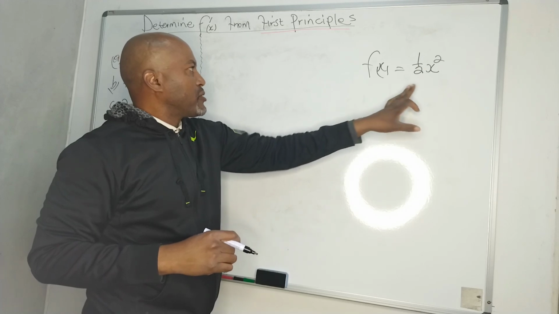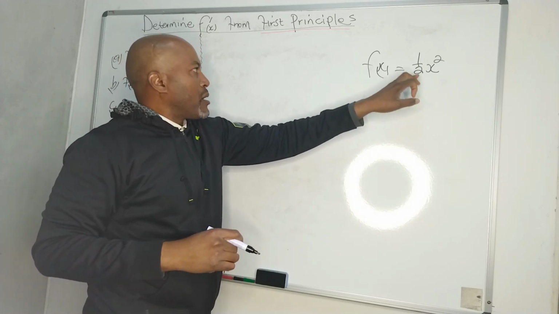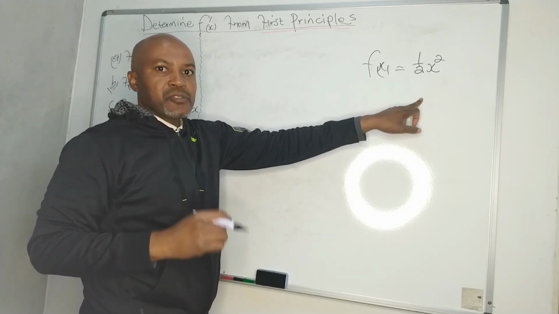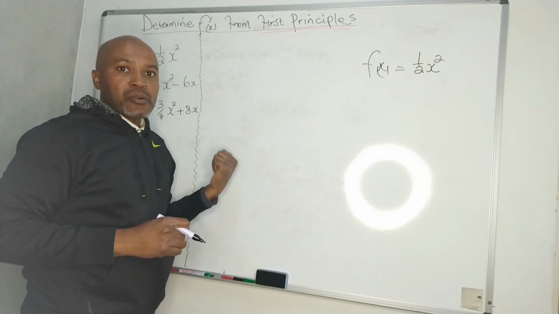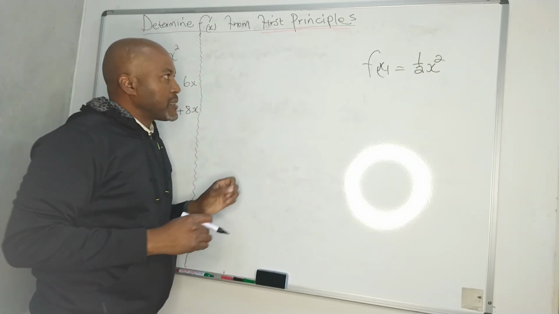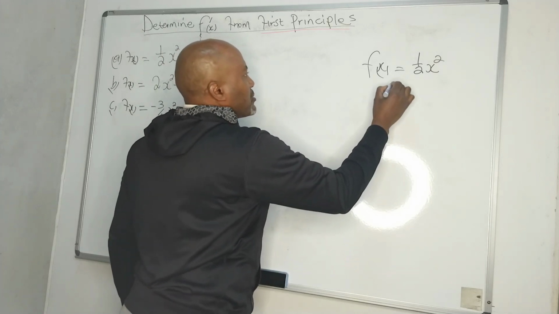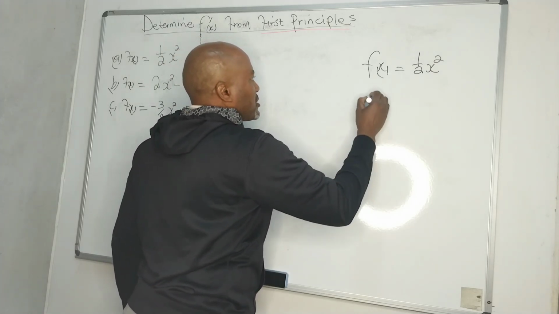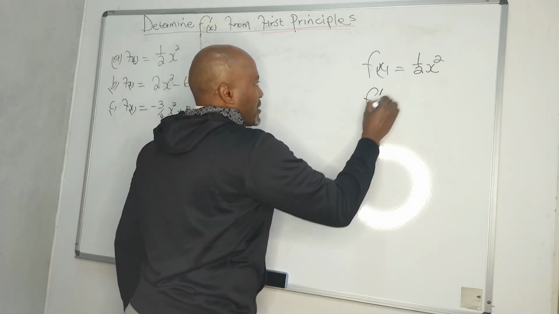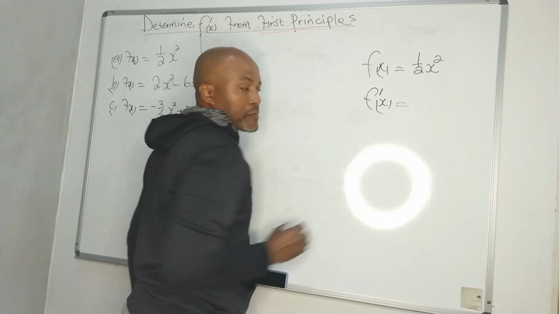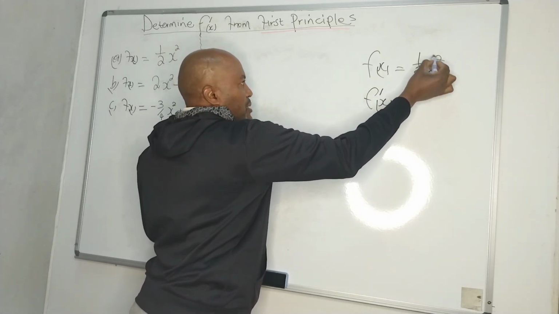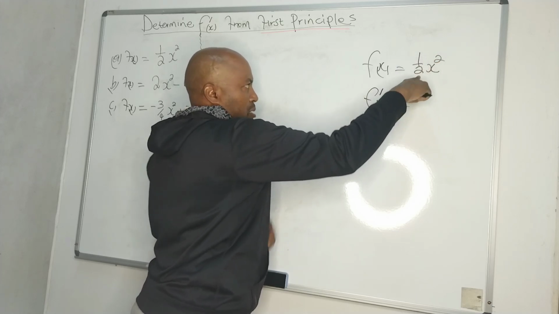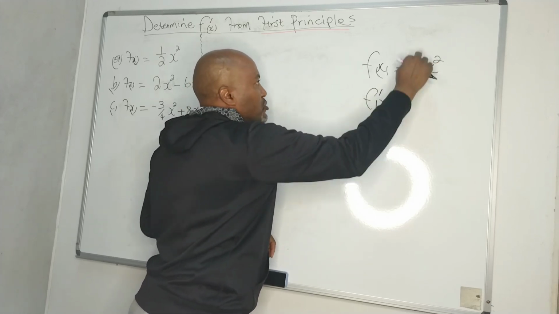In other words, we want to check our answer, if it's going to be the same as the one that we get when applying the formula. Okay, so we know that when we differentiate, f prime of x equals 2. This 2 has to multiply the coefficient of x squared, which is 1 over 2.